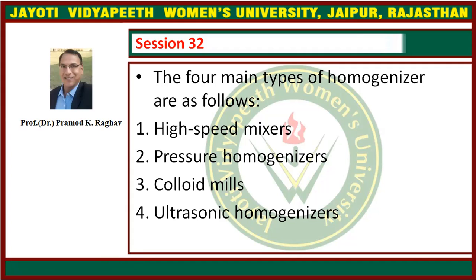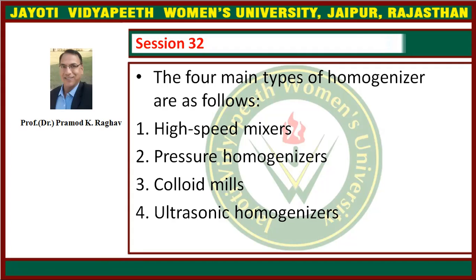Pressure homogenizers, which are the most popular type of homogenizer in the food processing industry, use very high pressure, and for generating that much pressure we need a high pressure pump, which operates somewhere between 10,000 to 70,000 kilopascal.